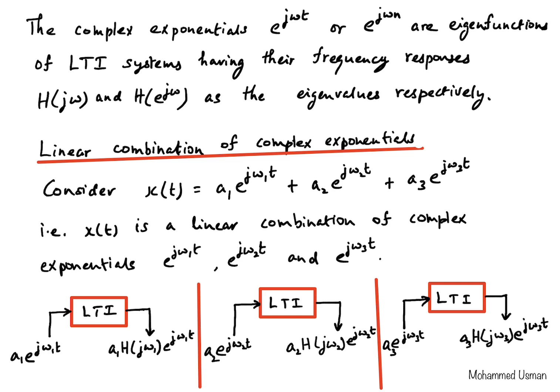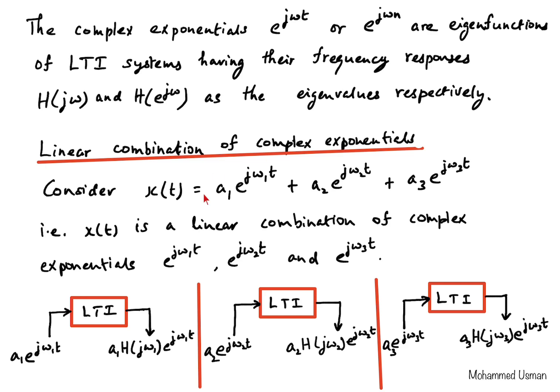Now, the motivation is that if we are able to represent a signal as a linear combination of some simpler signals like the complex exponentials, then it will allow us to represent the output of the LTI system also in simple terms as a linear combination of their individual outputs by using the superposition property of LTI systems.